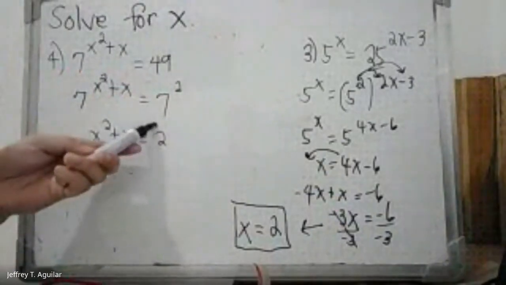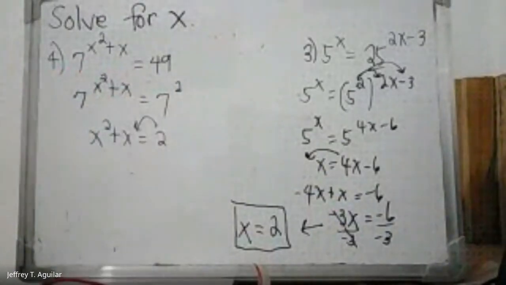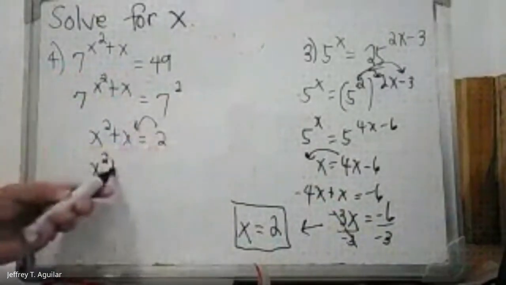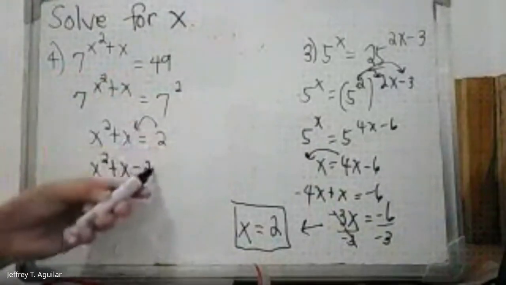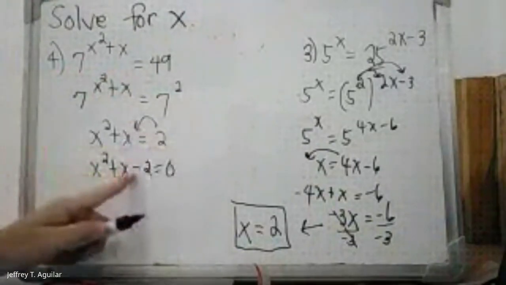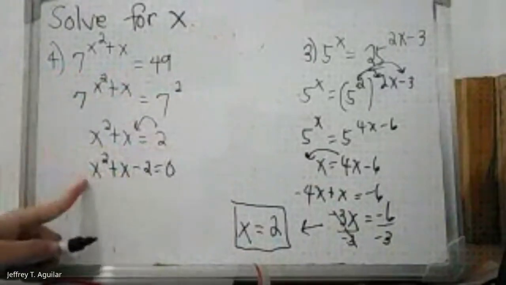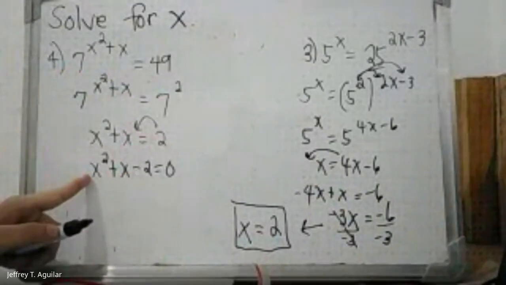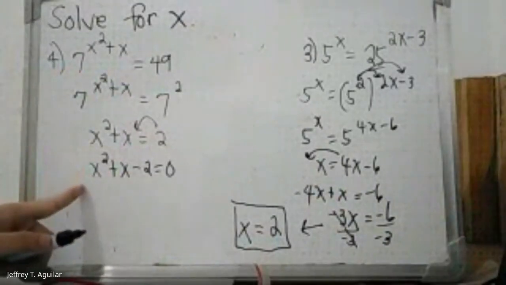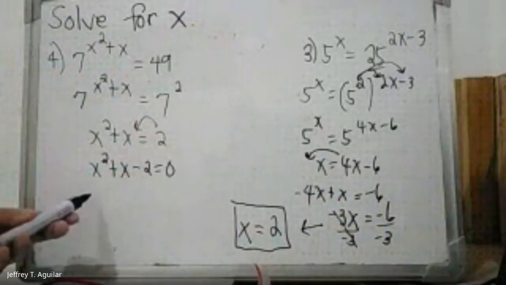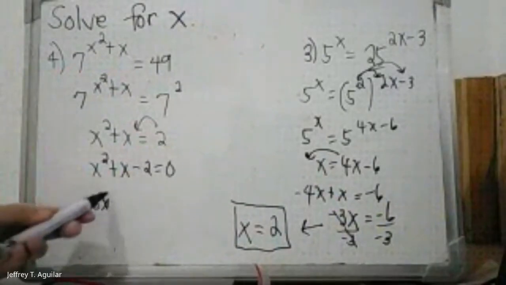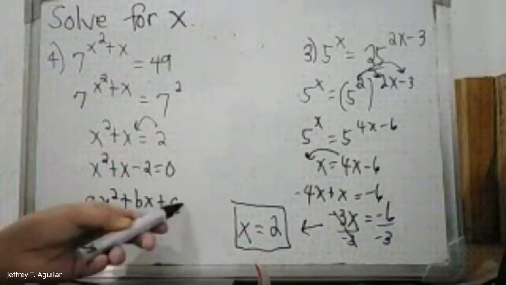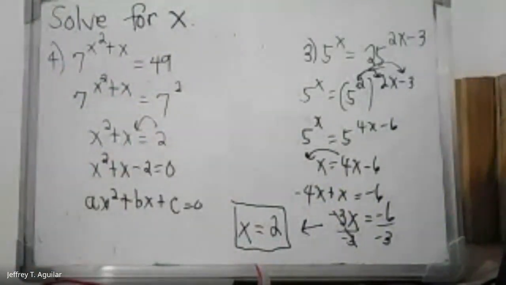But we have to transpose to the left. From positive, it will become negative. So we have here x squared plus x minus 2 is equal to 0. Now our goal is to solve for x. But this is in the form of a standard form equation, which is in the form of ax squared plus bx plus c is equal to 0.